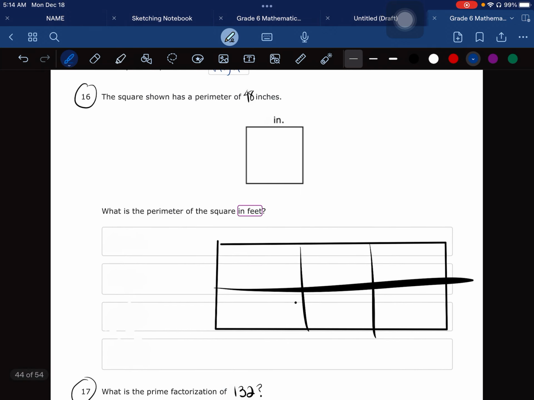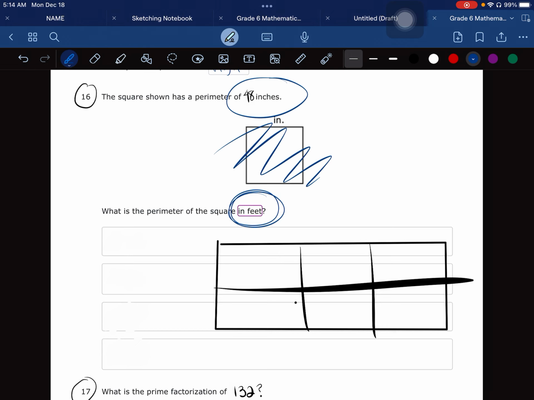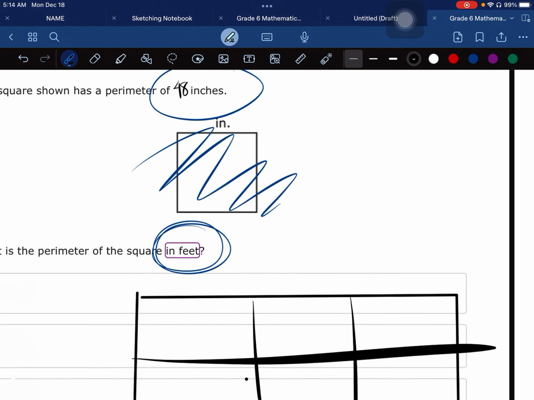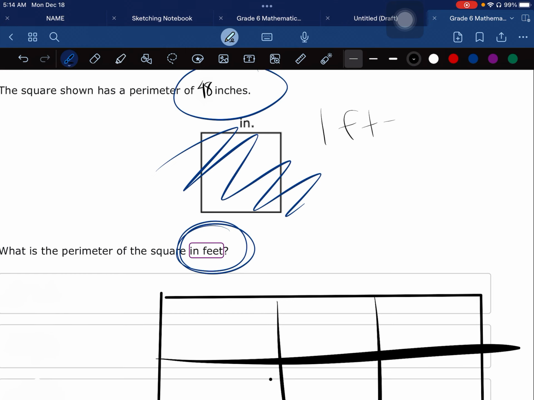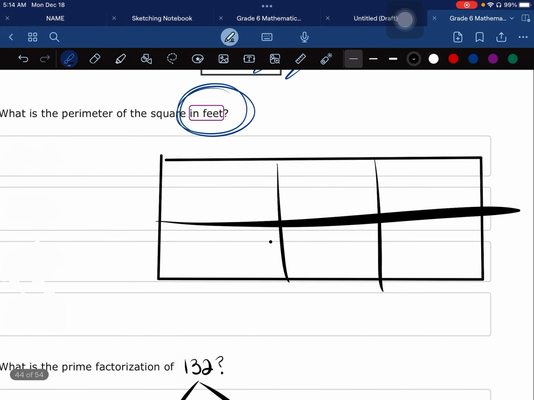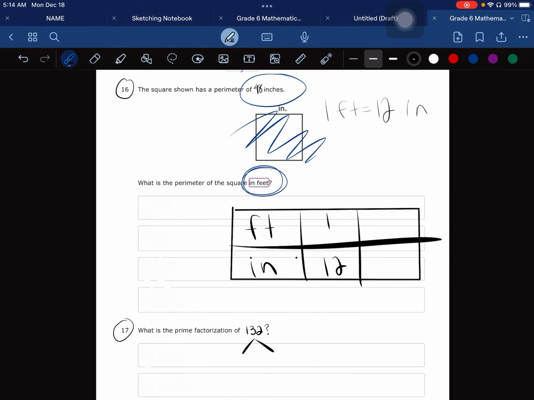16, chicos. The square shown has a perimeter of 48 inches. What's the perimeter in feet? So this actually doesn't really matter. What we need to know is 1 foot is 12 inches. So let's write it down. Foot, inches, 1, 12.